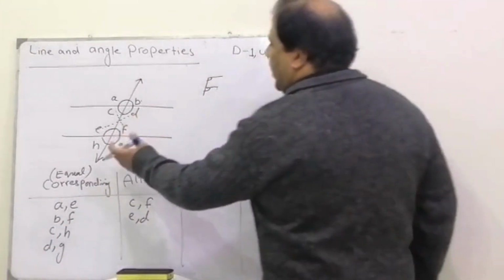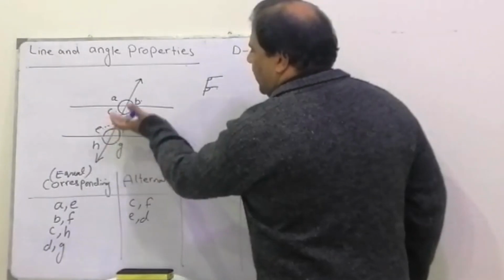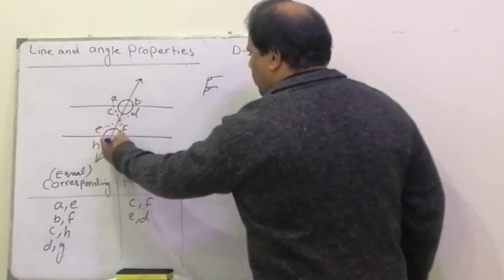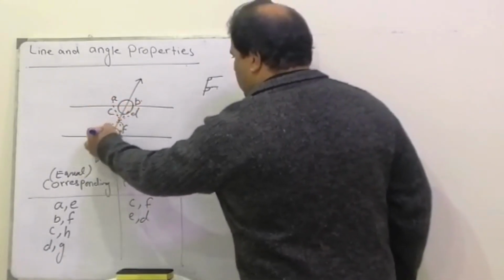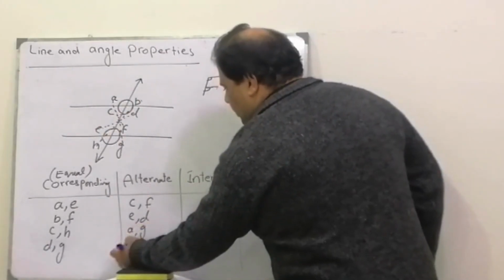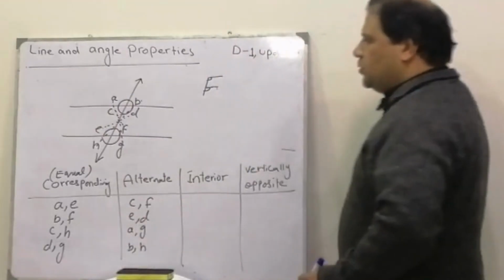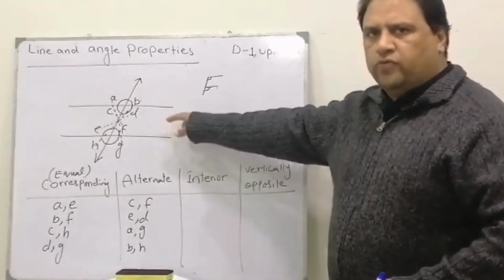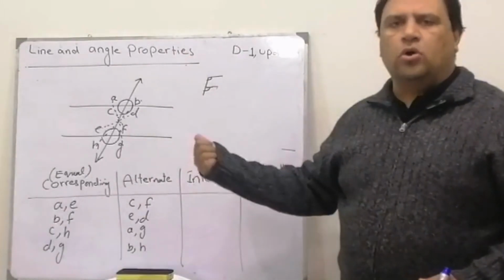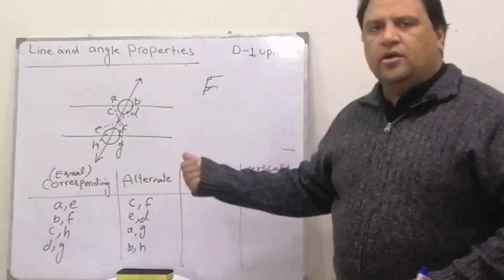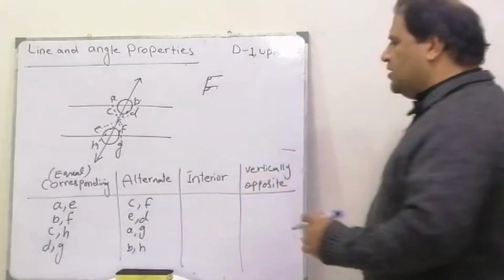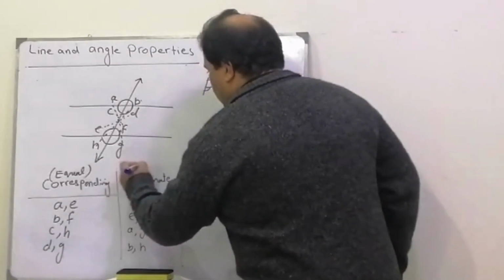And if we observe the angles which are below the lower line and above the upper line, they are also making a crossover, like A is coming with G and B is coming with H. They are also alternate angles, and we can call them the exterior alternate angles. When we say that two angles are alternate, it means that these angles are the same, so they are equal.